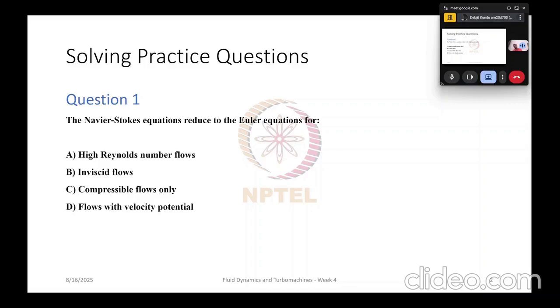Is it for option B, for inviscid flows? Is it for option C, compressible flows only? Or is it for option D, flows with velocity potential?